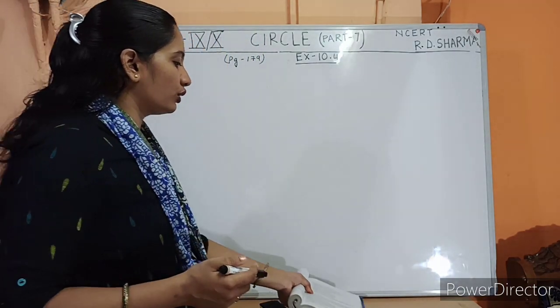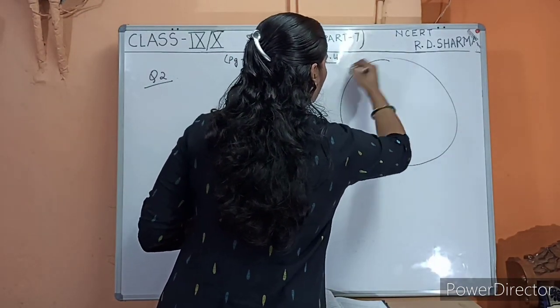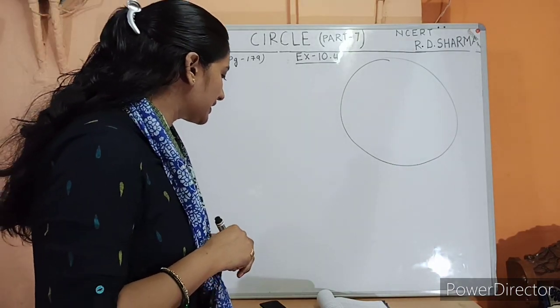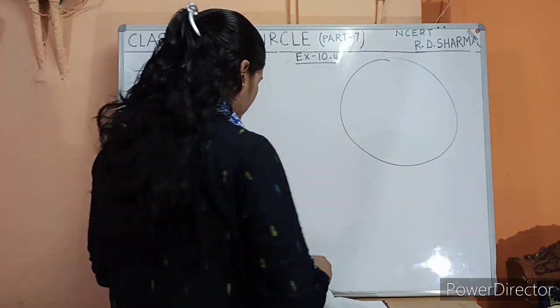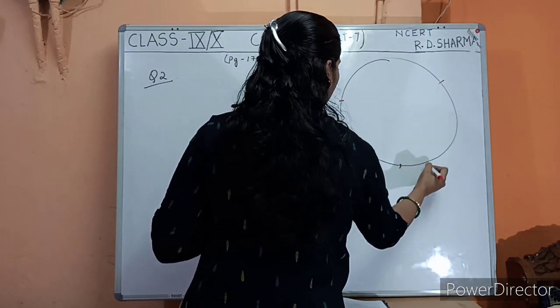Okay, fine. So let me draw the figure as per what the question is saying. Through that I will elaborate this question. See, a circle is given here and 2 chords are given to it. Let us suppose 2 equal chords are given here like this.